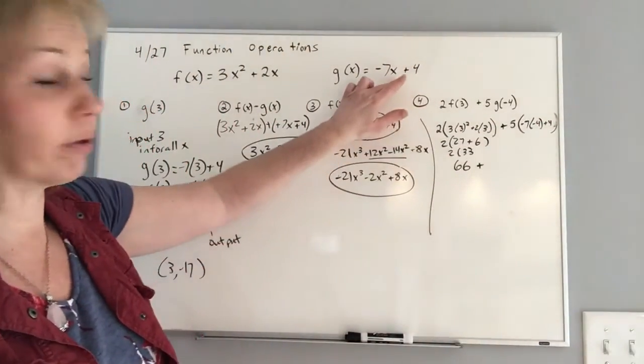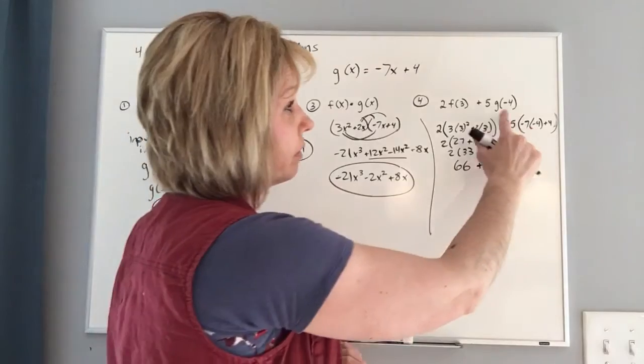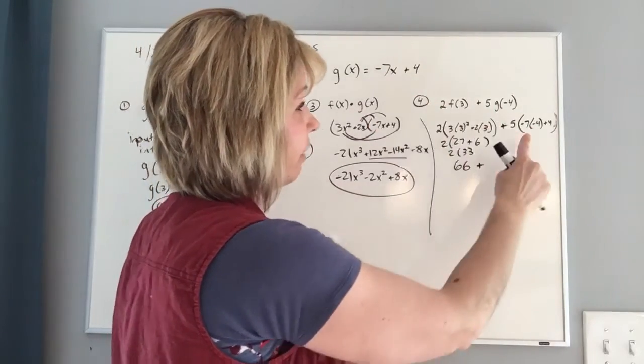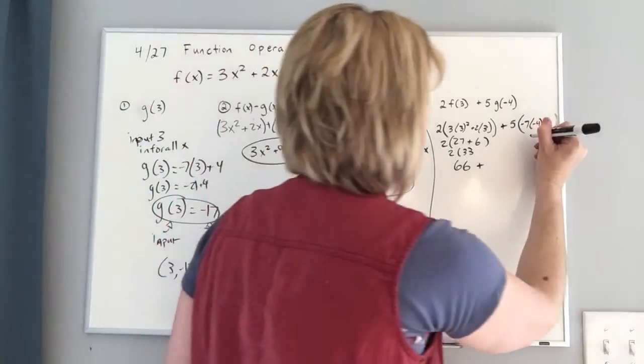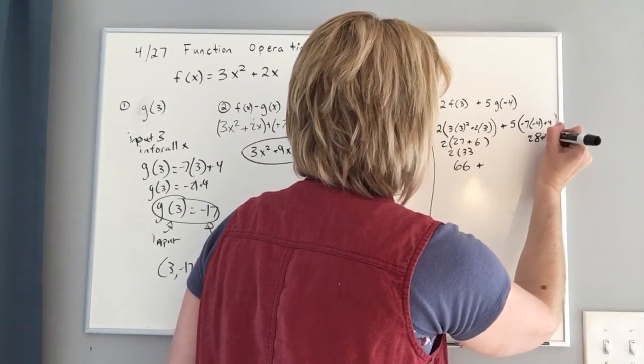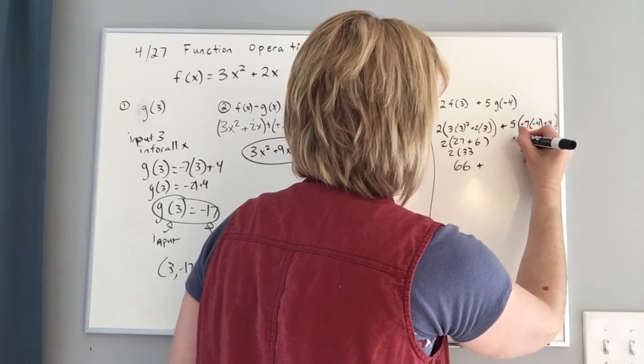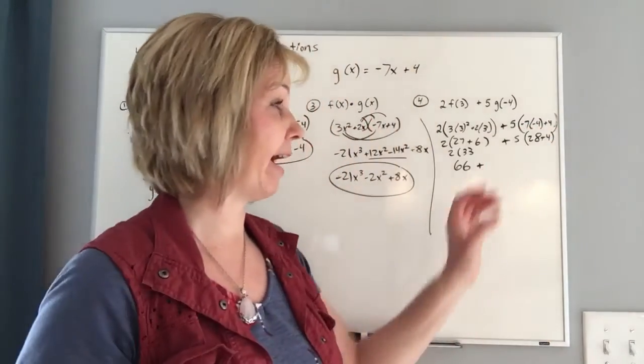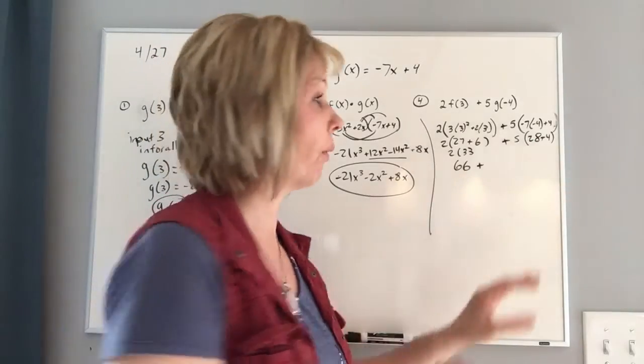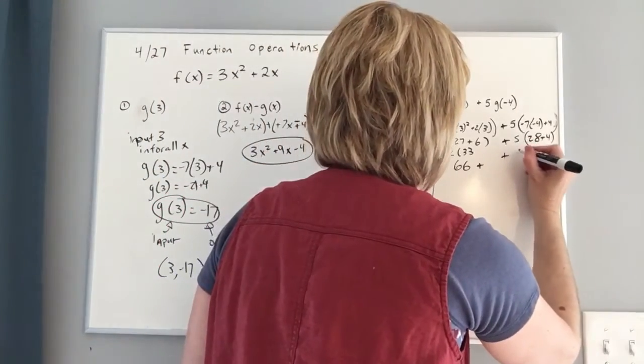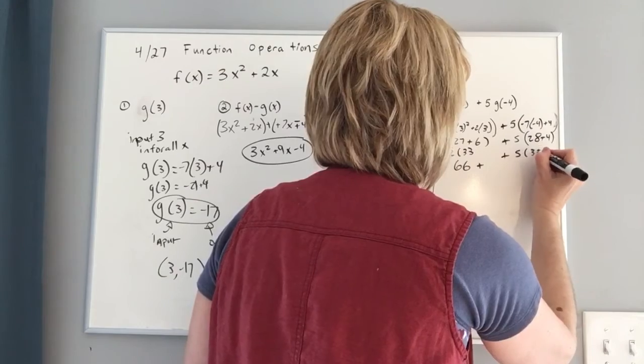So I'm putting negative 4 in for x here, so let's see, negative 7 times negative 4 is 28. 28 plus 4, and I'm multiplying by 5. All right, 28 plus 4 would be 32. So 5 times 32.